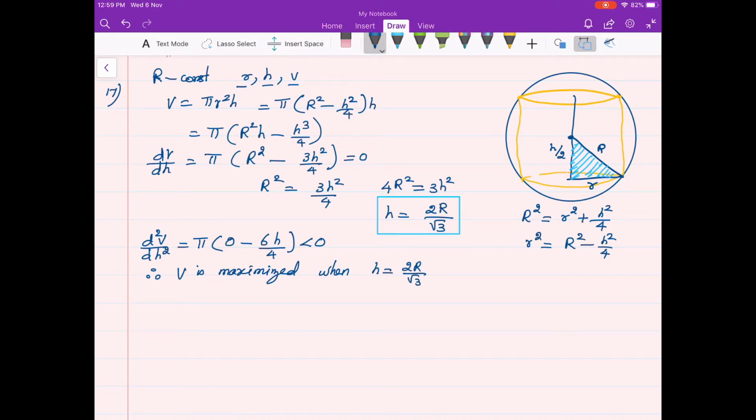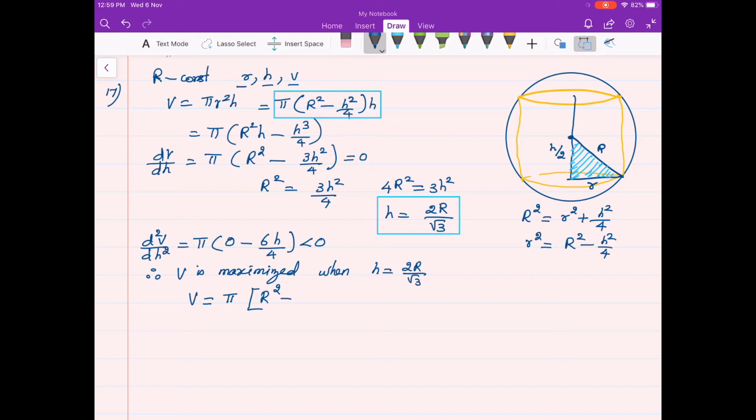Therefore, the maximum volume is equal to, let us make use of this step, or you may use the next step also, pi times, we have to give the answer in terms of capital R, because that is the given quantity in the question.